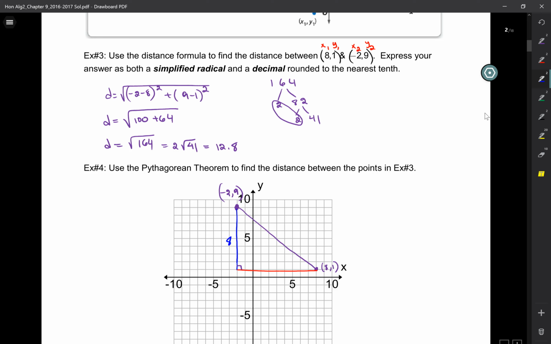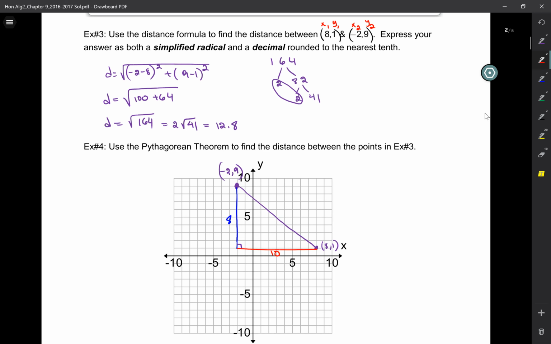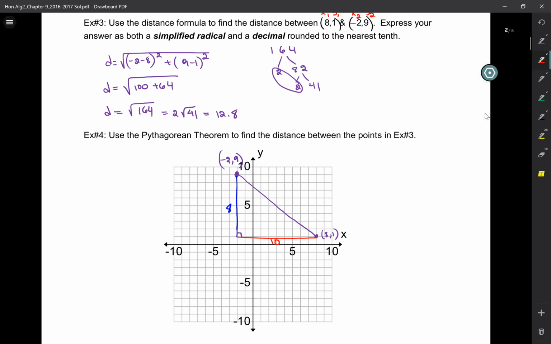How did we do that? We did 9 minus 1 basically, right? And how much is the horizontal distance? The horizontal is 10, because you have negative 2 here and 8 there. How can you get 10 from negative 2 and 8? You subtract them, right? And you take the absolute value. So I subtracted the y's, I subtracted the x's. Now what am I going to do to find this one?